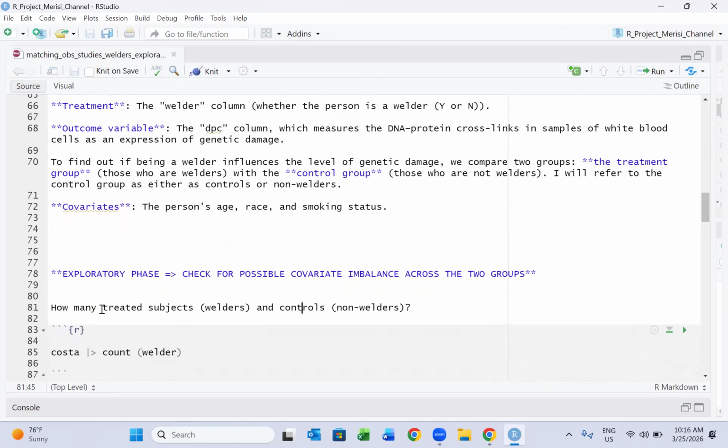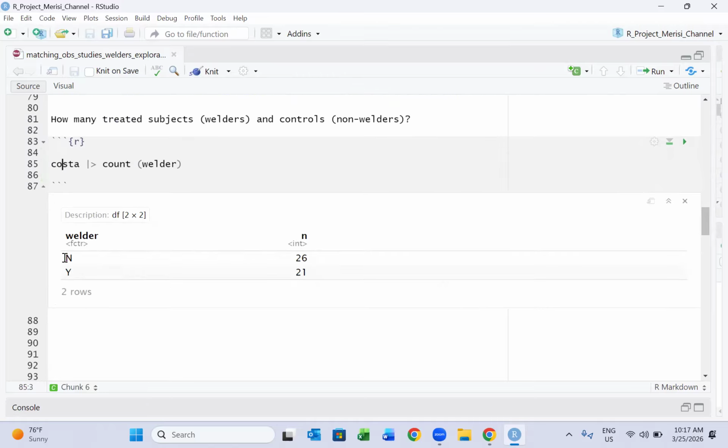To count how many welders and non-welders, I'm going to apply the count function on the welder column from the Costa data frame. And sure enough, that gives me a count of how many non-welders, how many no's, and how many yes's. So we have 21 welders and 26 non-welders.